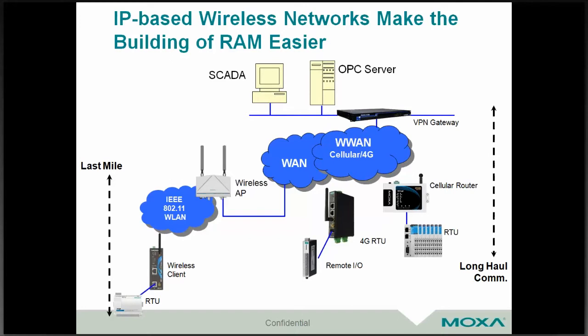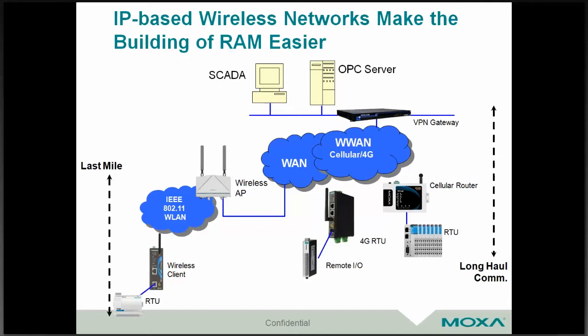as you can see now, here is a summary of what I commonly see for remote data acquisition systems. People are using a 4G LTE or a 3G network for long-haul communication, but sometimes people will also use 802.11 wireless networking to fulfill the last mile.